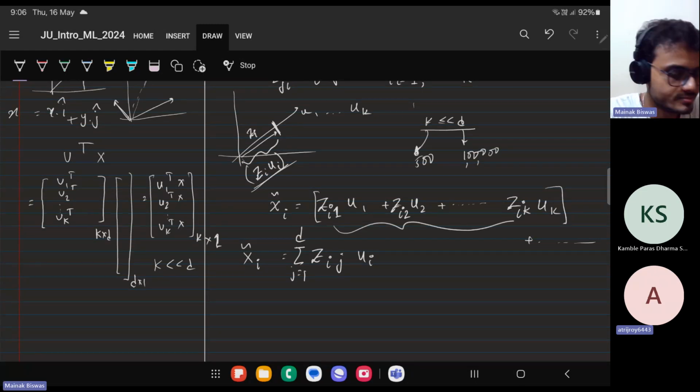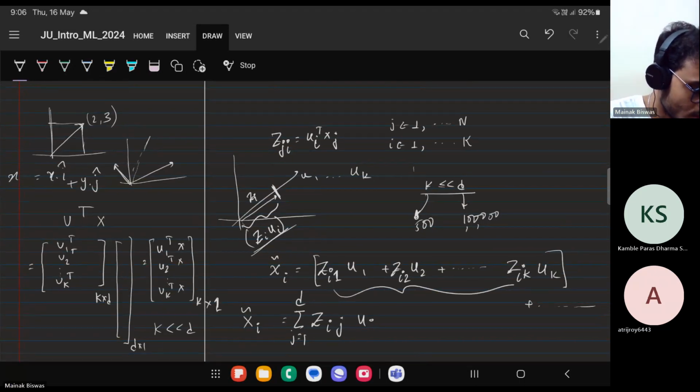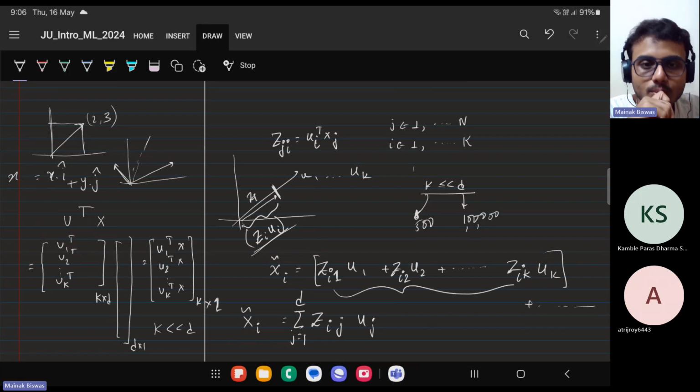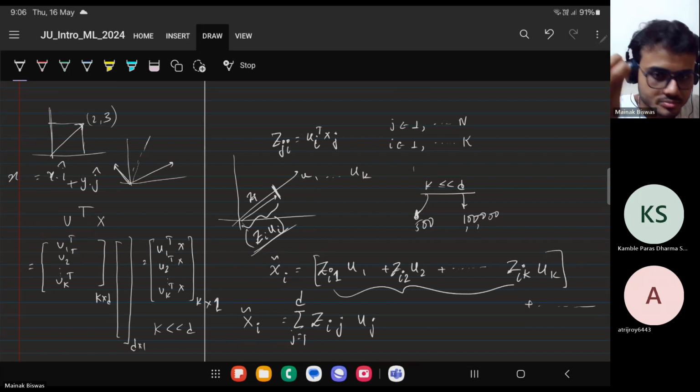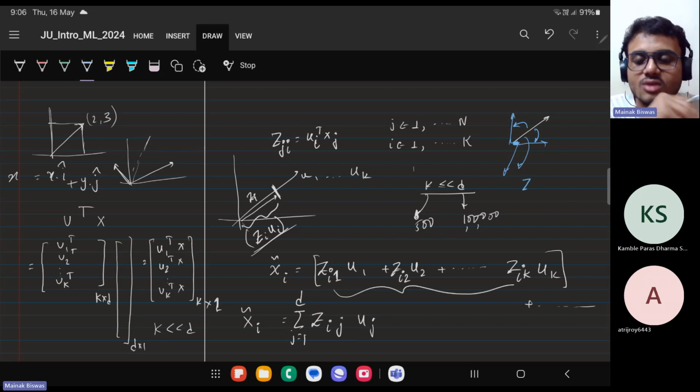That should be Uj, in Uj Xi hat. Uj. Sorry. So the idea is, you can take a vector, and if you have n basis vectors, we have seen that in Gram-Schmidt also, you can project this on these basis vectors and just take the sum of the projections, right? That's the original vector.